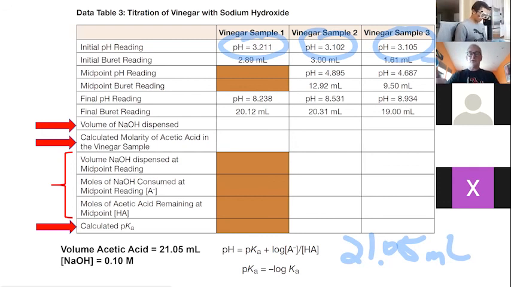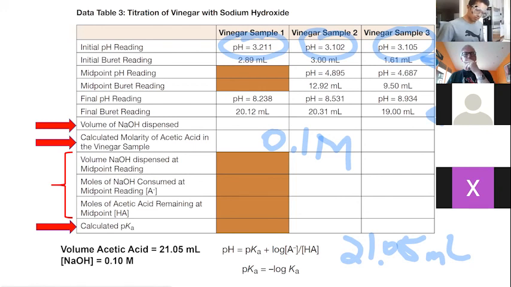This is the initial volume. This is the final volume. The difference is the total volume of sodium hydroxide. The concentration of sodium hydroxide is 0.1 molar. So figure out moles of hydroxide. That will give you moles of acetic acid.